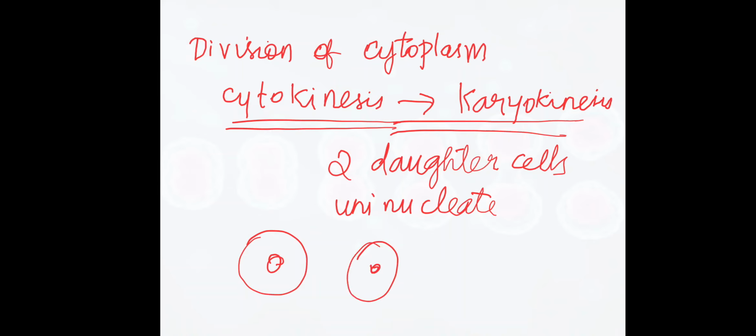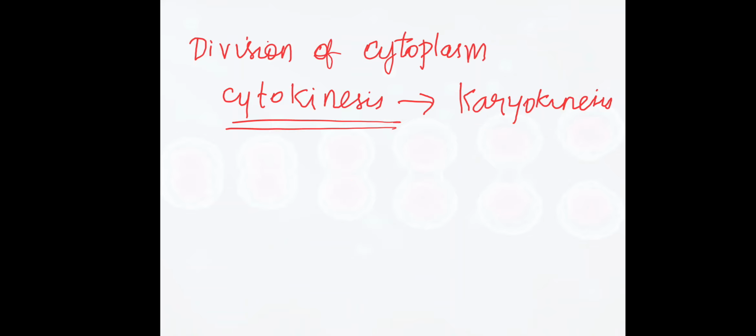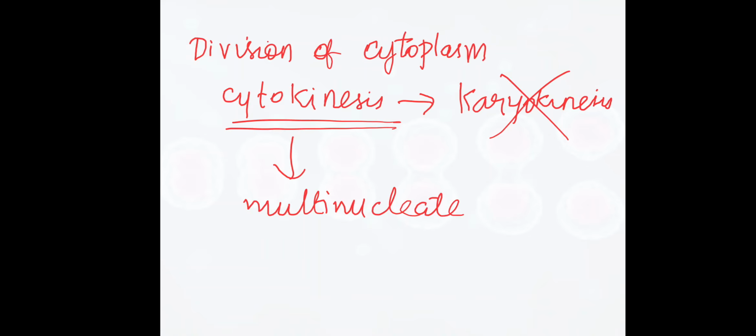But in some organisms, cytokinesis does not follow karyokinesis, and there is repeated nuclear division, which leads to multinucleate cells.